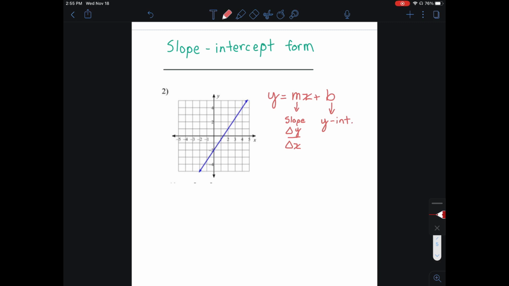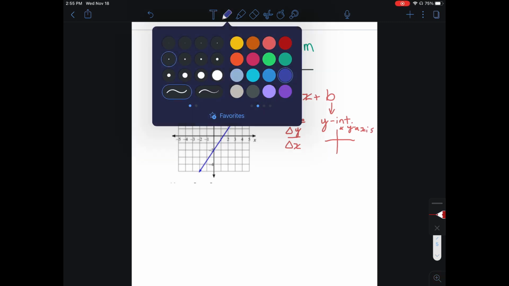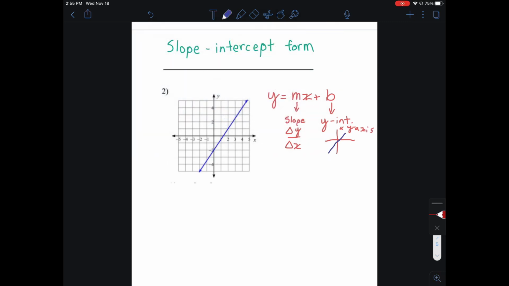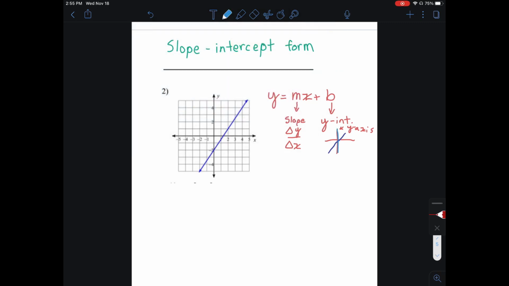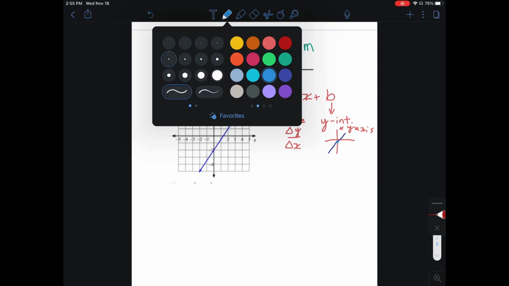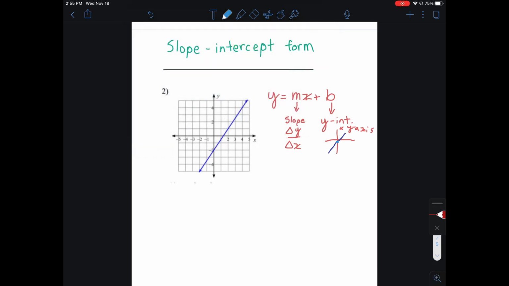If we look at a mini graph like this, the vertical line right here would be our y-axis. If a line were to pass through the y-axis, wherever it passes is the y-intercept, so this point would be our b. There you go, folks. Now let's go back to our problem.